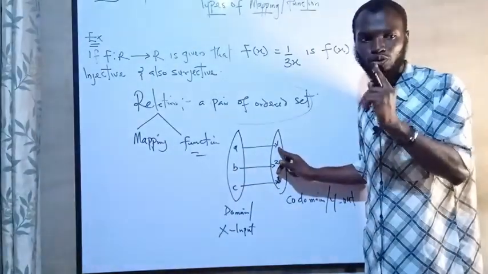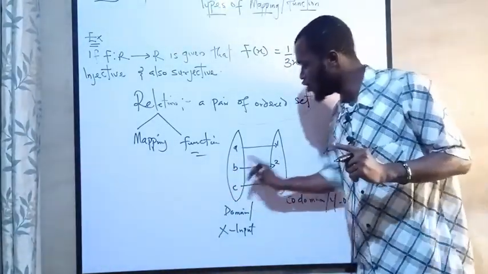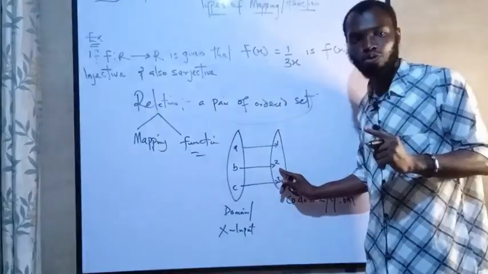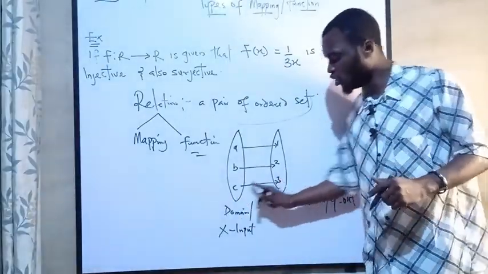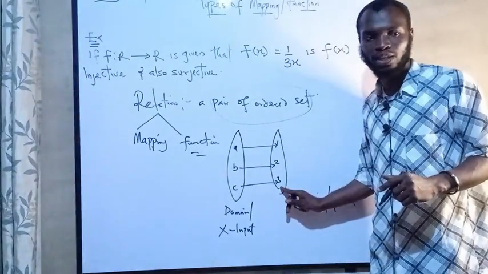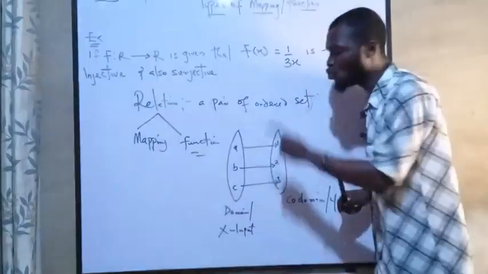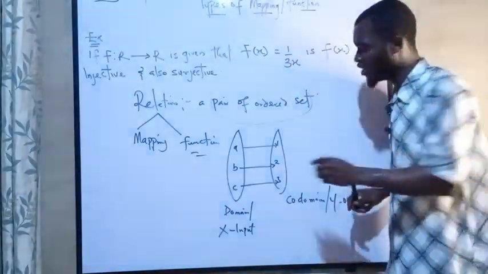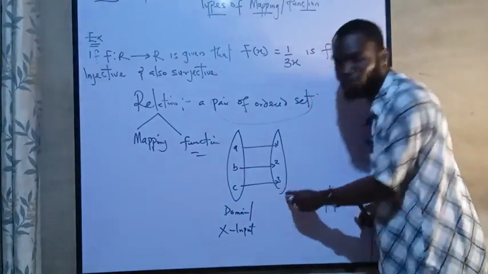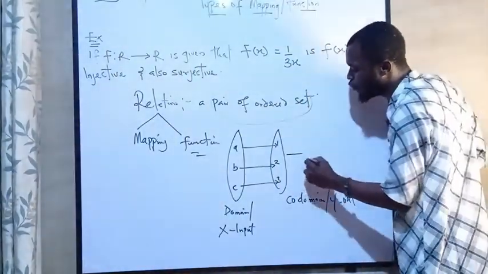In this particular one, A only matches with 1 in the codomain, B only matches with 2, and C only matches with 3. So when every element in the domain matches with only one specific element in the codomain, we call this type of mapping a function.